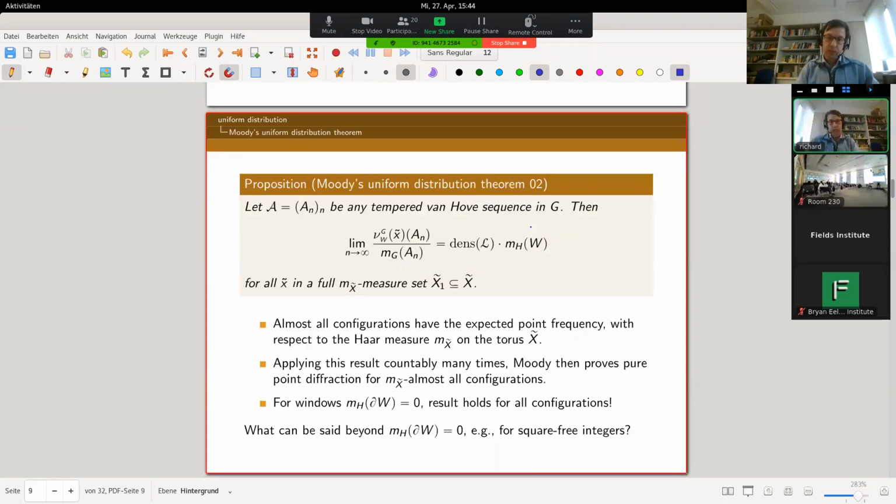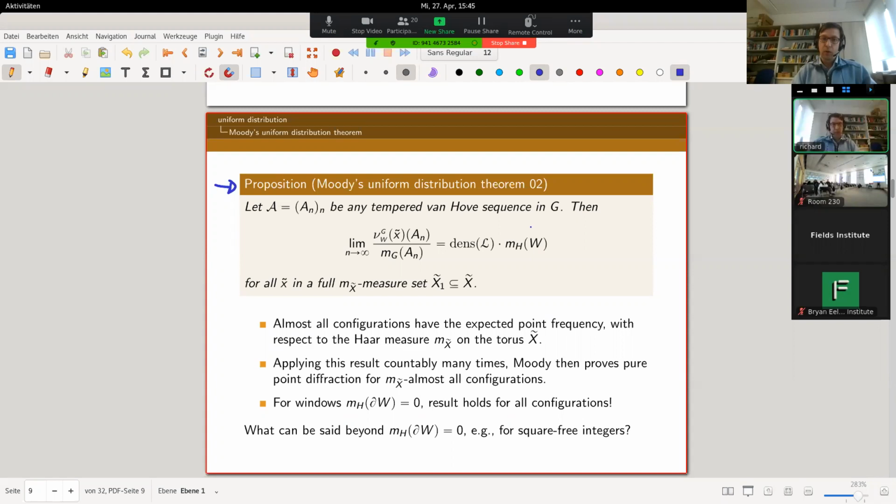Here is Moody's uniform distribution theorem, 2002. You fix an averaging sequence, which is called a tempered van Hove sequence. I will not go into technical details here, I just leave it as it is. You would like to apply Birkhoff's ergodic theorem, Lindenstrauss version, and these are suitable averaging sequences here. If you think in R^d, you just could take cubes.